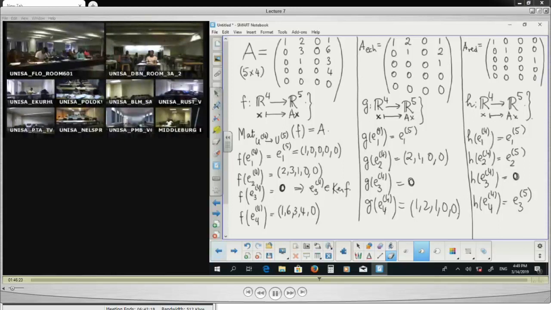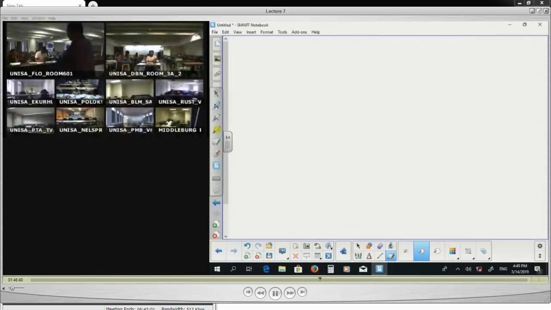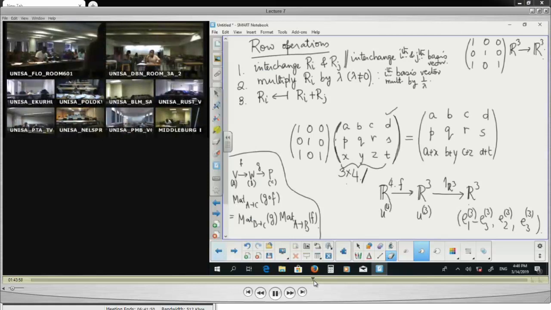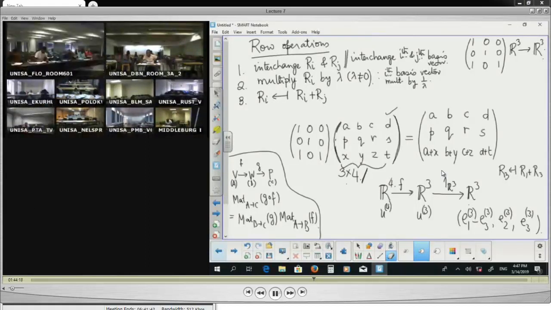So the whole point is therefore, you had this linear transformation, you wanted to solve something like this. Okay? So this has a solution, this equation, so you wanted to solve.